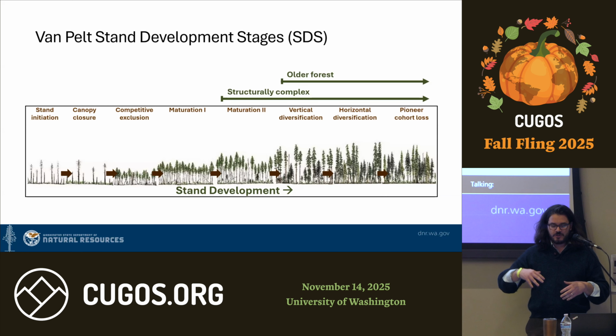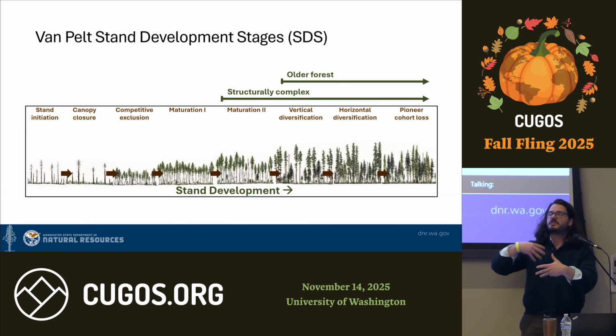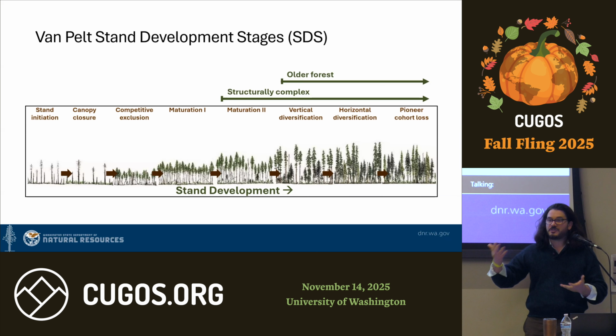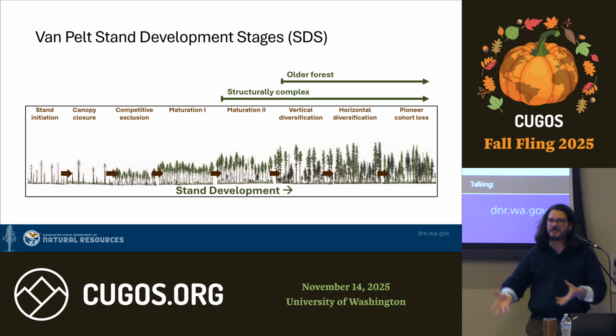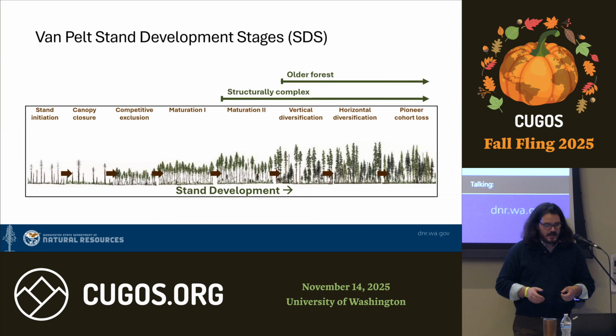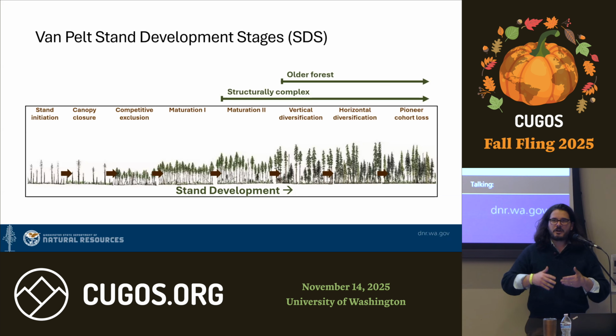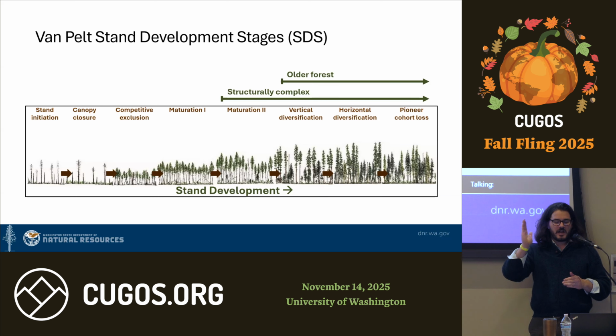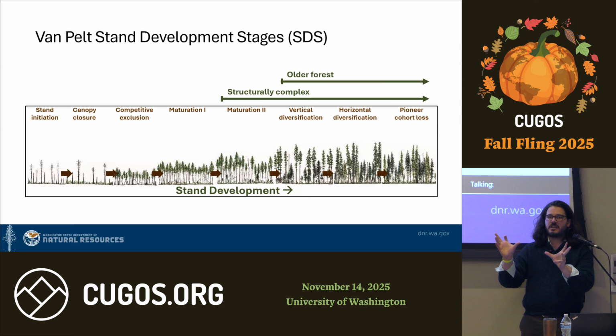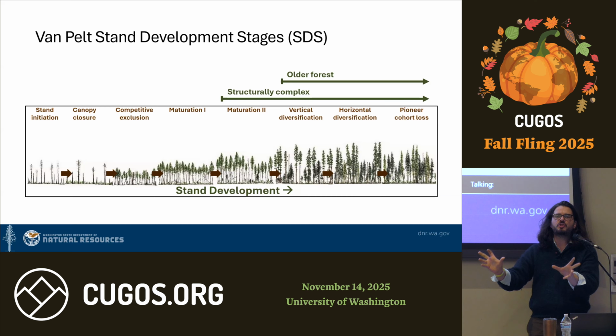Eventually you get to the pioneer cohort loss where some of the trees start to pass away and the shade dominant trees come back up into the canopy. And we are not necessarily interested in making an 8-stage model. We're mostly interested in this line between maturation 1 and maturation 2. Can we build a 2-class model?